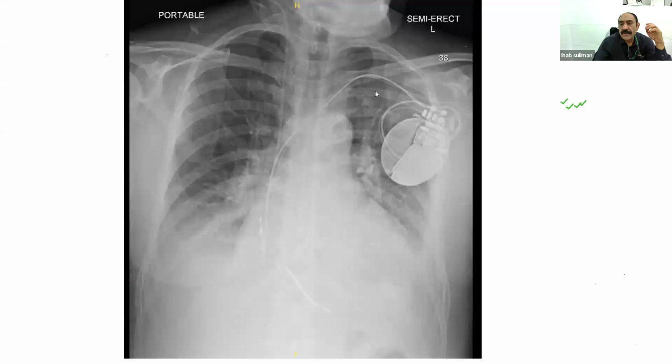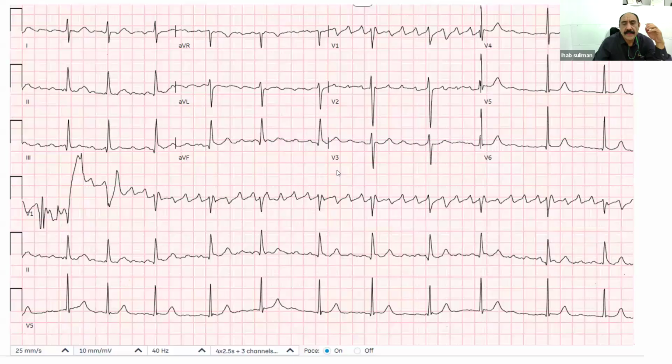We need to move on to another example. So what is the rhythm seen on this ECG?